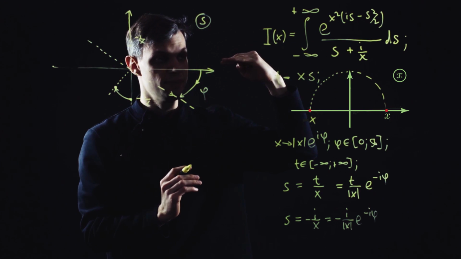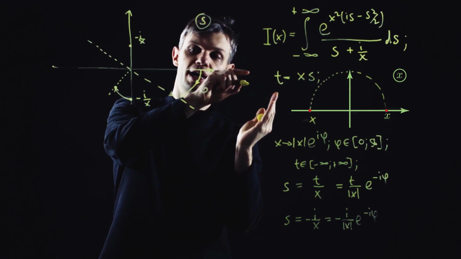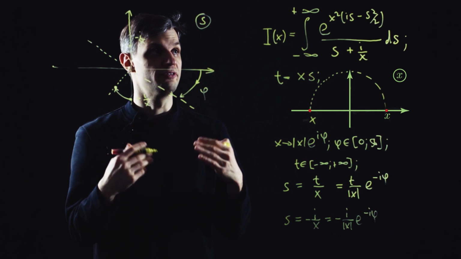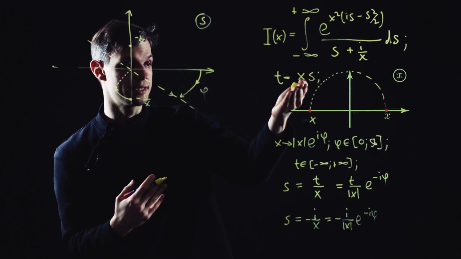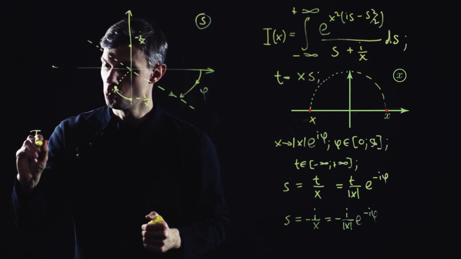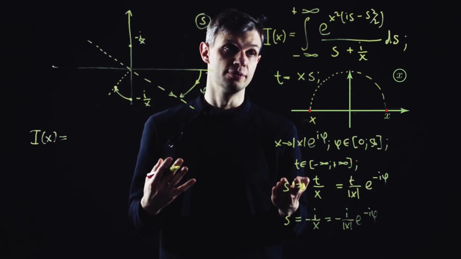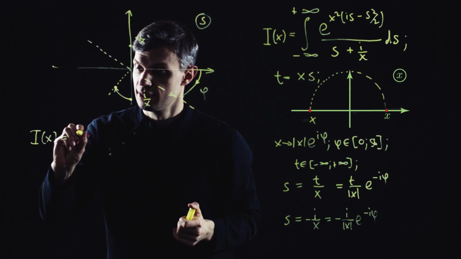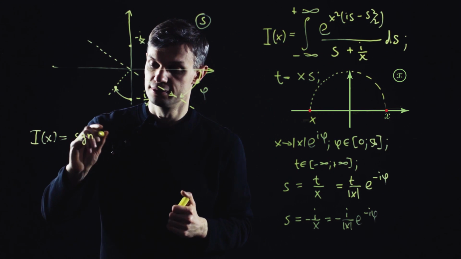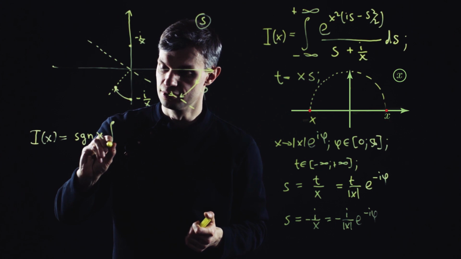Initially, the limits stretch from -infinity to +infinity, and after the rotation, they will go from +infinity to -infinity. So that's the subtlety when you perform that kind of rescaling with a scale which can potentially change the sign. Now we understand that the correct representation of our initial integral contains an additional sign function in front of our integral.